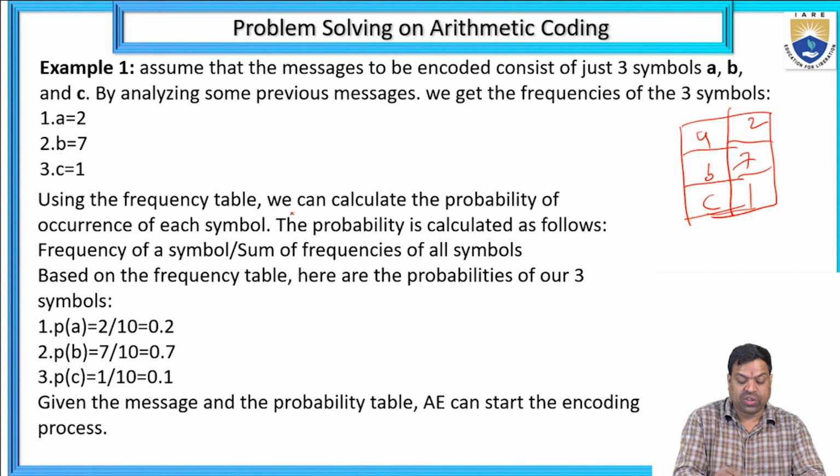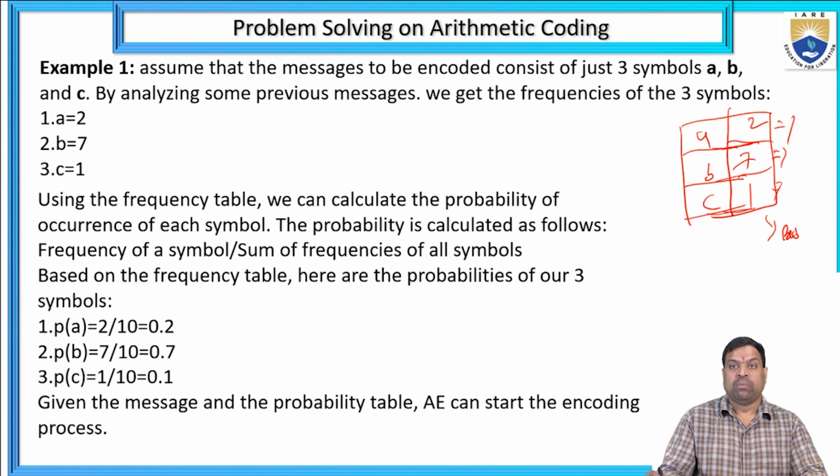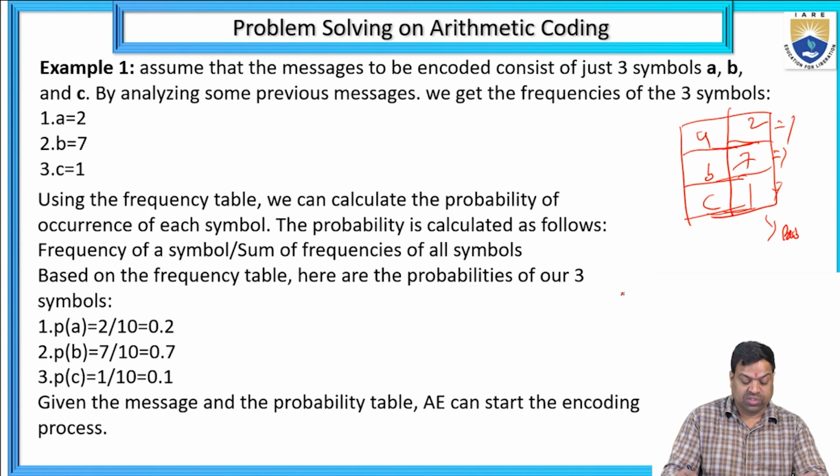Using the frequency table we can calculate the probability of occurrence of each symbol. The probability is calculated as the frequency of a symbol over the sum of frequencies of all symbols based on the frequency table. Here are the probabilities of the three symbols.